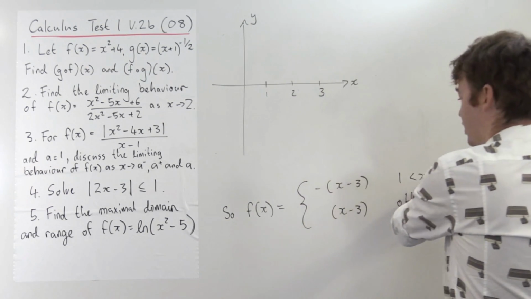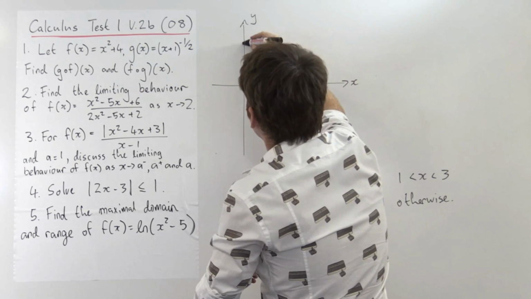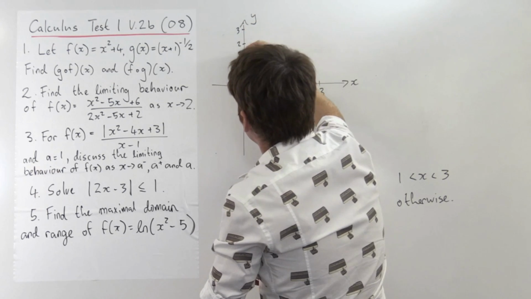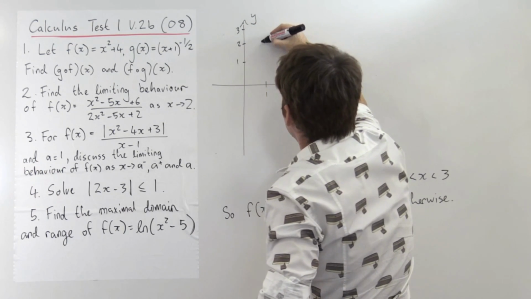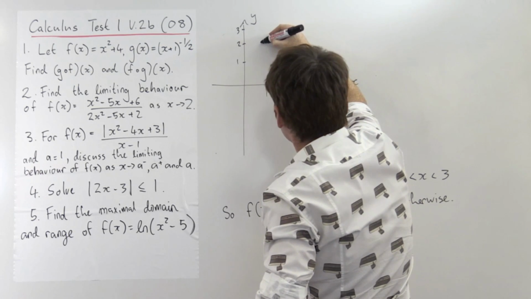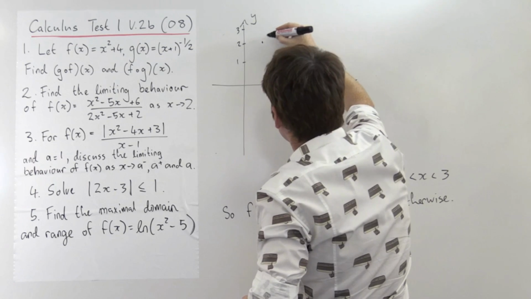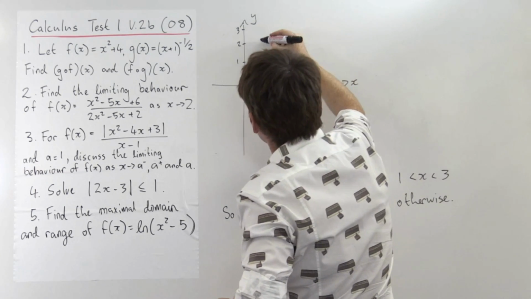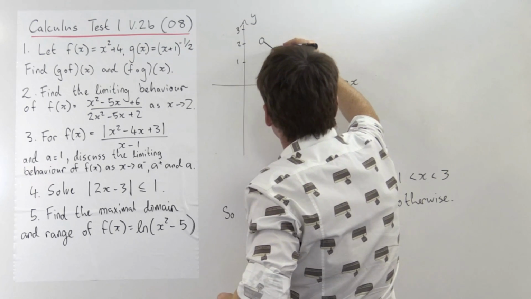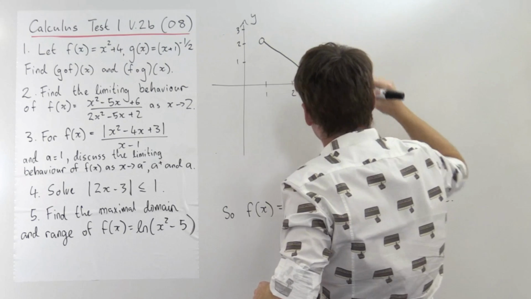Between 1 and 3, I've got negative x plus 3.